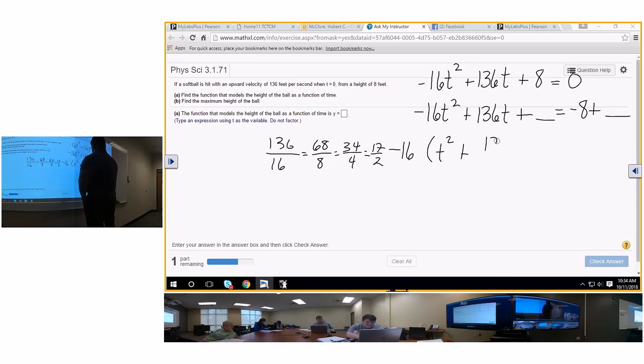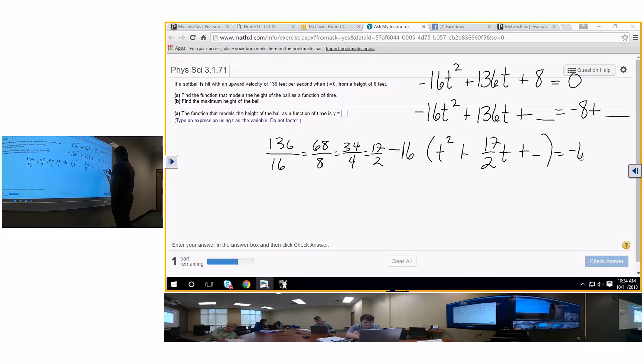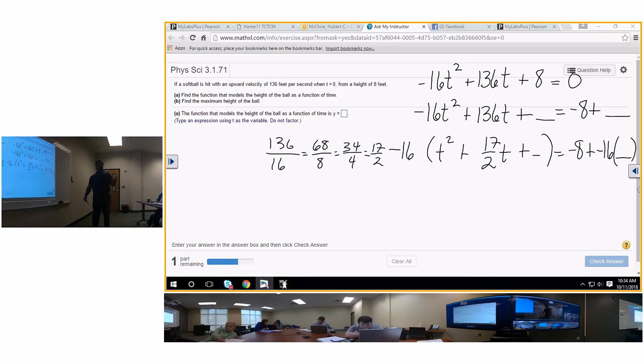I was thinking of 17 halves squared, or t, plus blank is equal to -8 plus -16 times blank. All right, what's 17 halves divided by 2? 17 fourths. Quantity squared.